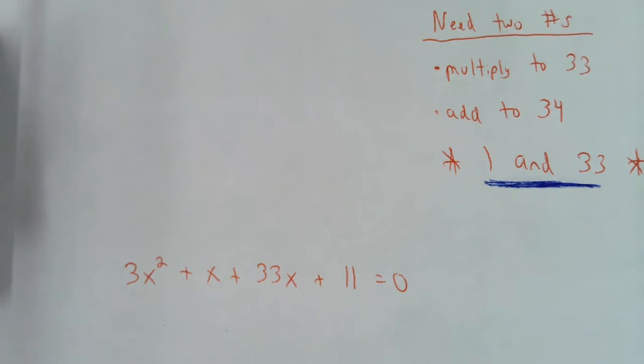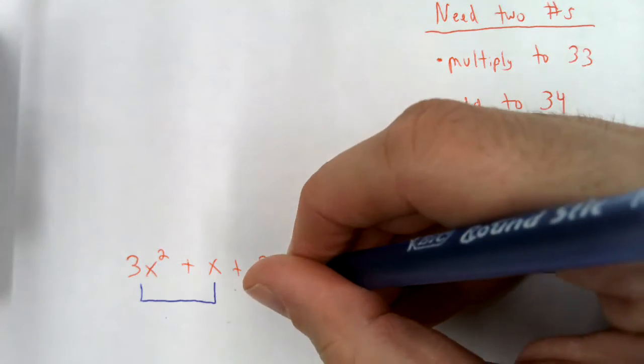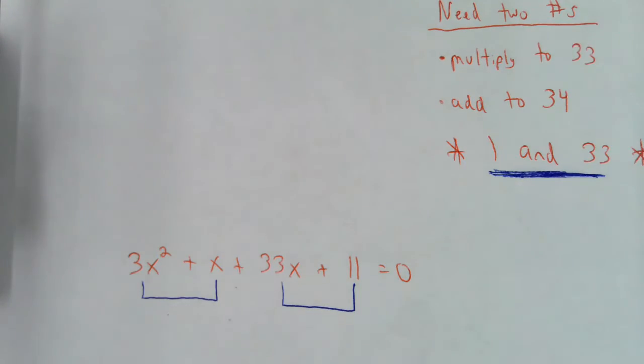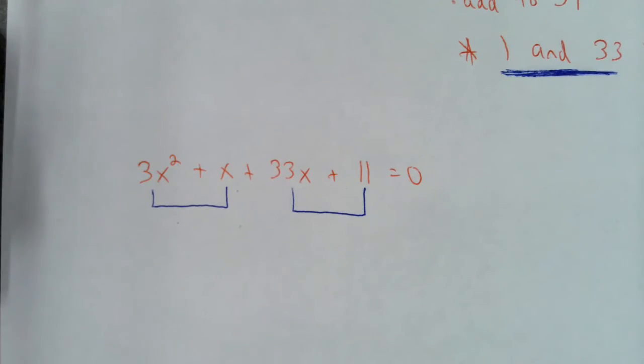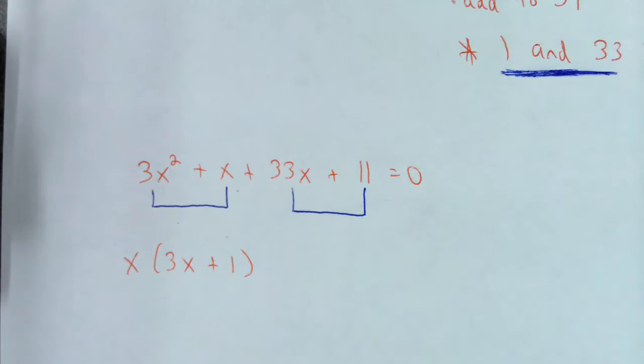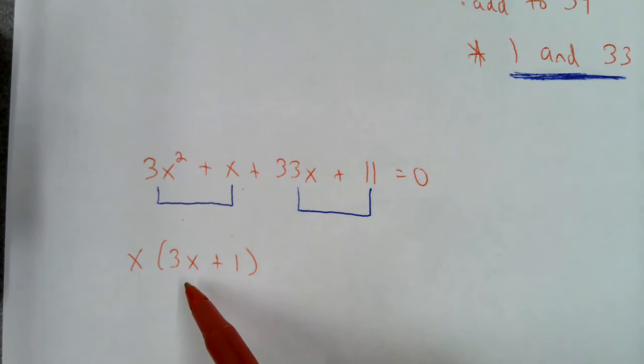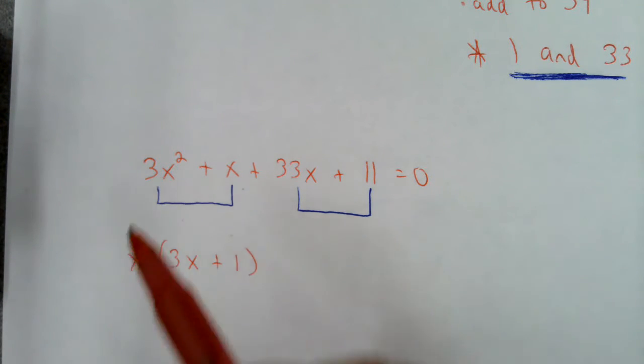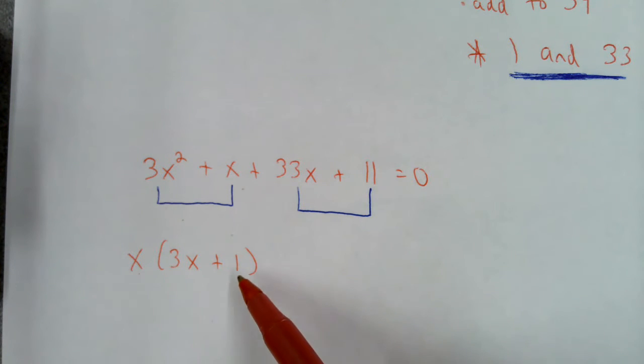And now you're going to do factoring by grouping. I'll group these two terms together, and I'll group these two terms together. Take out the GCF of each group. The first group has a GCF of x. That's going to leave you with, in parentheses, 3x plus 1, because x times 3x is 3x squared, and x times 1 is x.